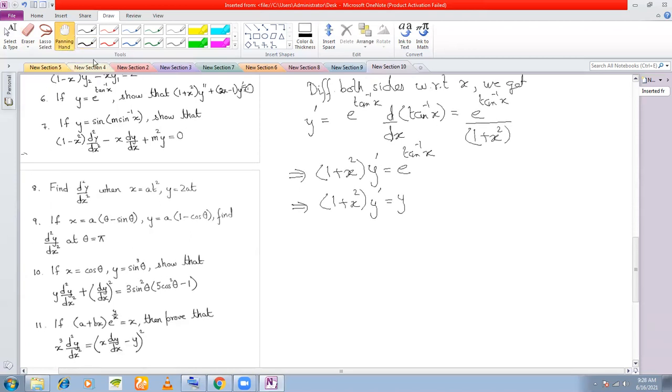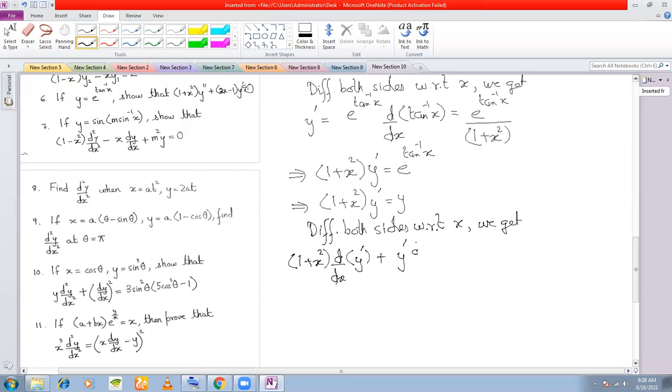Now we differentiate both sides again. Differentiating both sides with respect to x. We get, you differentiate the left hand side by u into v rule. So 1 plus x square into ddx of y dashed plus y dashed into the ddx of 1 plus x square is equal to ddx of y is dy dx, which we simply write as y dashed.